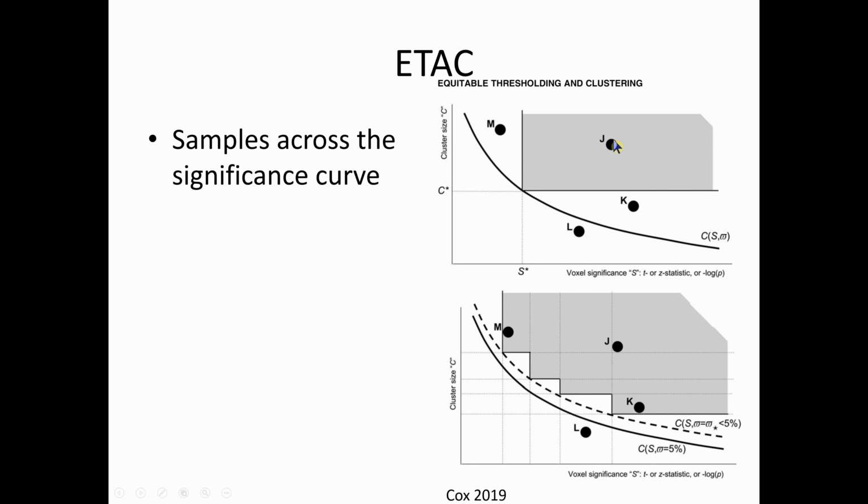And here, at the standard threshold, only J would show up because you would set the arbitrary 0.001 and the arbitrary 12 clusters. And as you shift and you sample different areas of this curve, then there's more significant regions that you can find that would still count as significant.